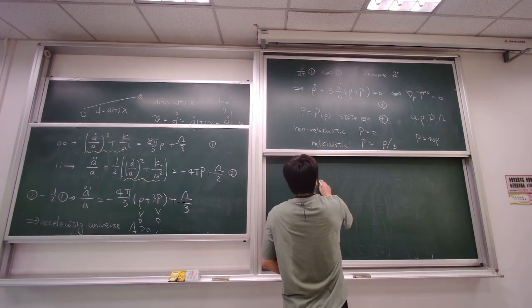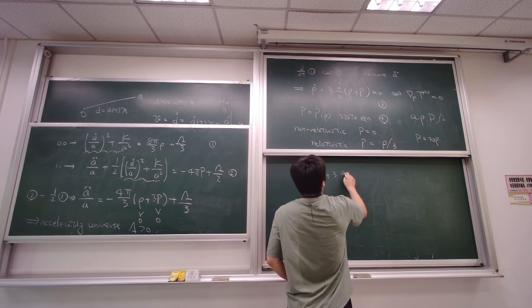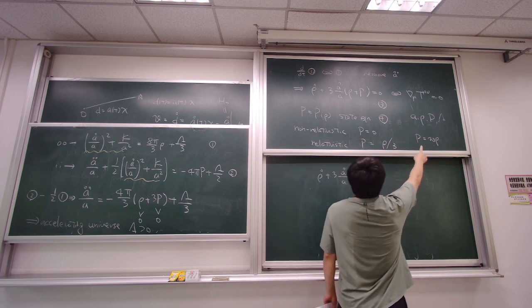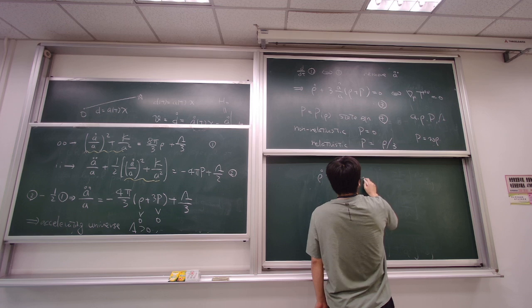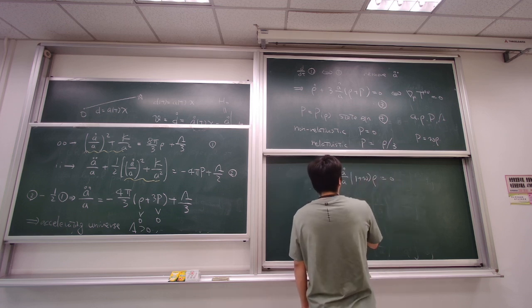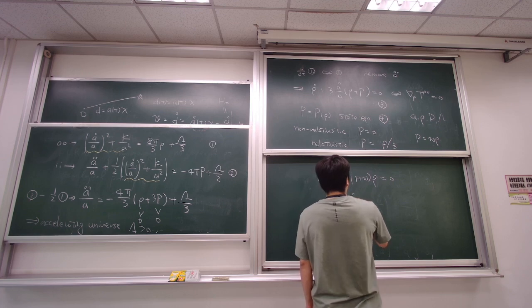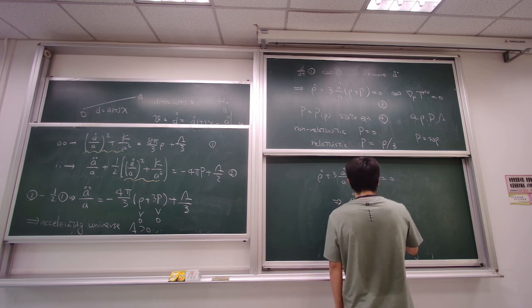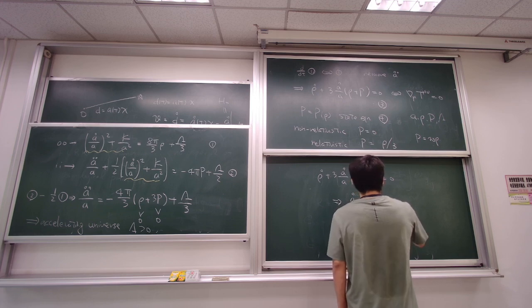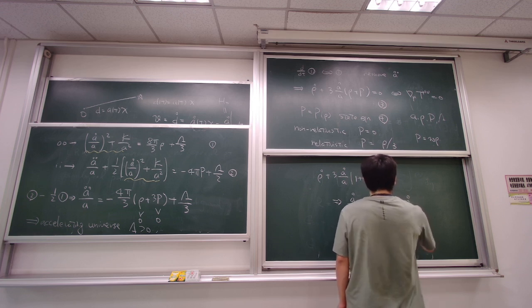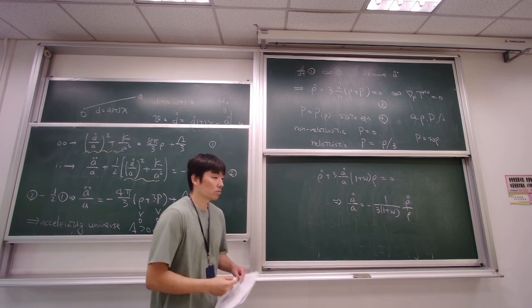So rho dot plus 3 a dot over a, and then p is like this, so 1 plus w times rho, equal to 0. And from here, we obtain that a dot over a is equal to minus rho dot over rho, like this.